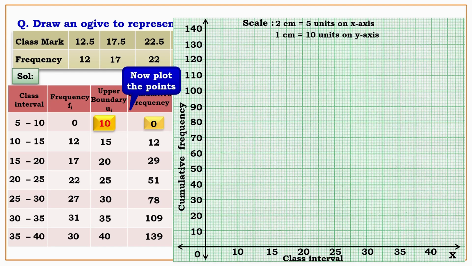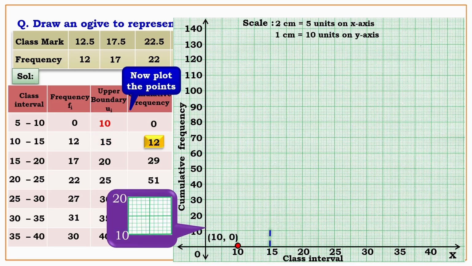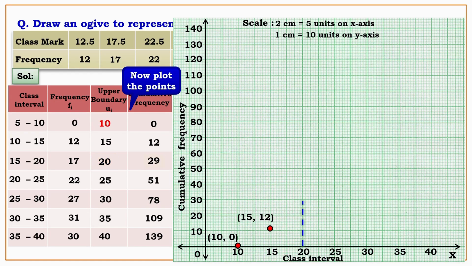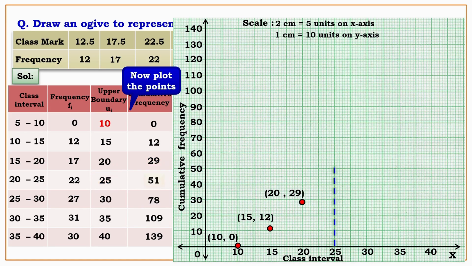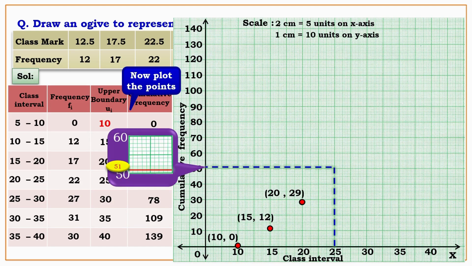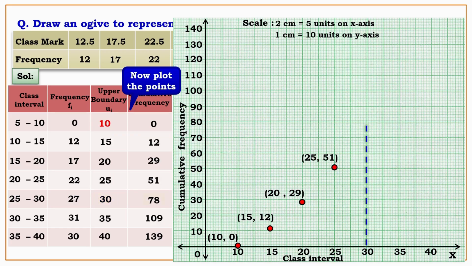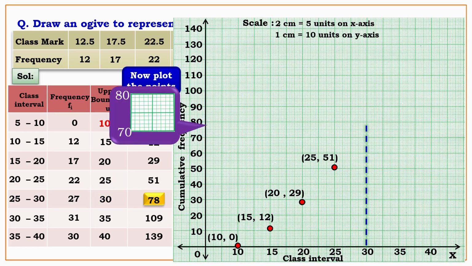So now 10 is the x coordinate and 0 is the y coordinate. Now 15 and 12, let's plot it. Next 20 and 29. Then we have 25 and 51. Next we have 30 and 78.